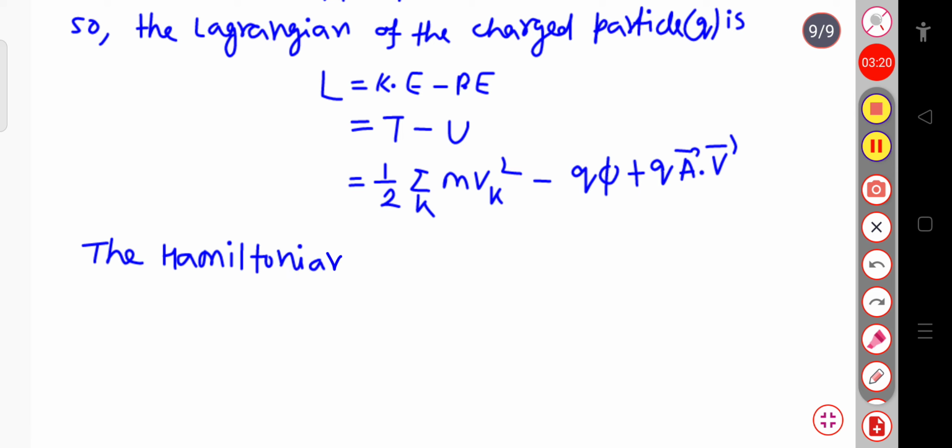The Hamiltonian is expressed as H equal to sum over k of Pk Qk dot minus L, the sum of kinetic energy and potential energy.